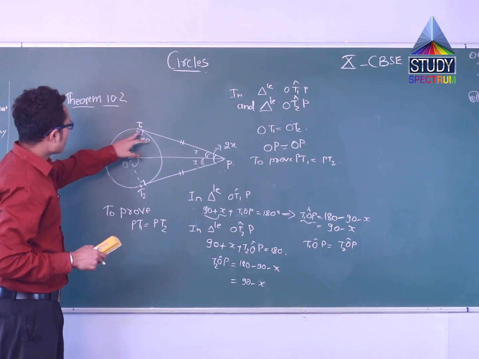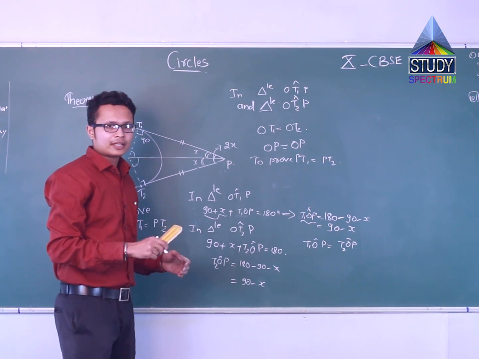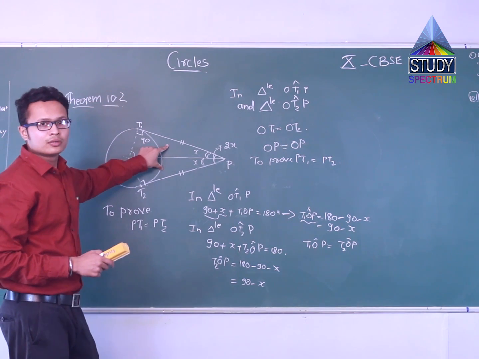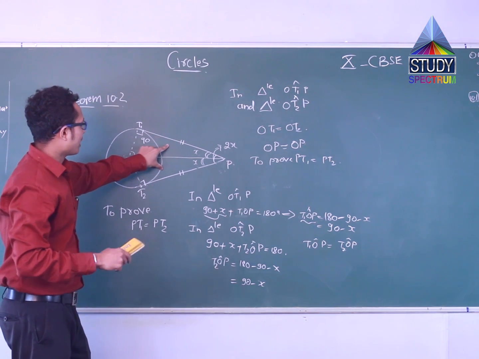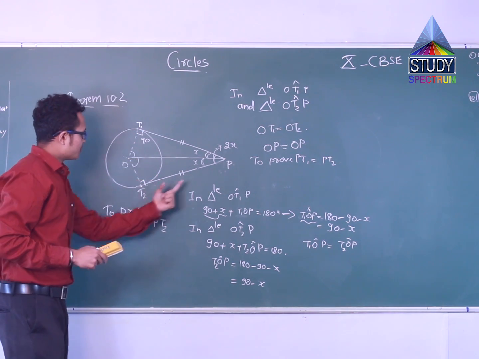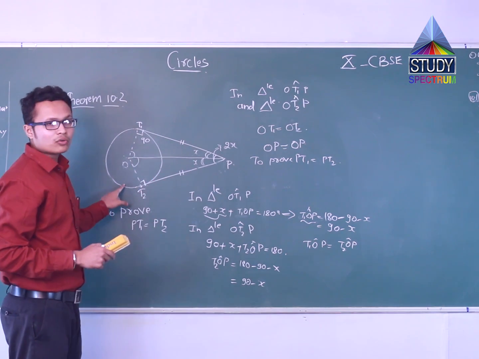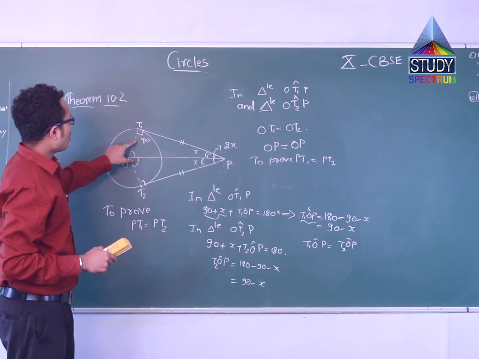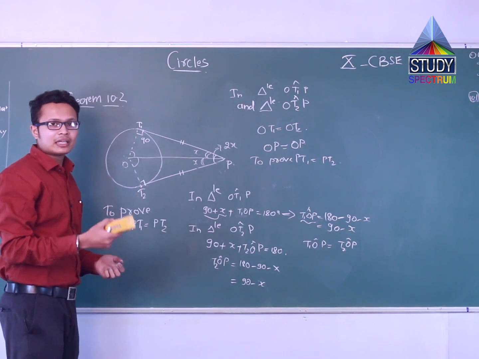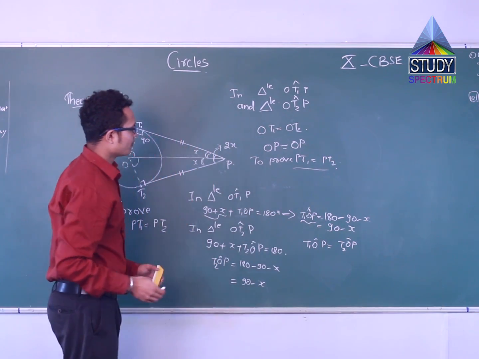So all three angles of both the triangles are equal in magnitude, which means these two triangles are congruent. So I conclude that this side will be equal to the other side. That is, PT1 will be equal to PT2, because in congruent triangles you will have all the angles as well as sides having equal magnitude.